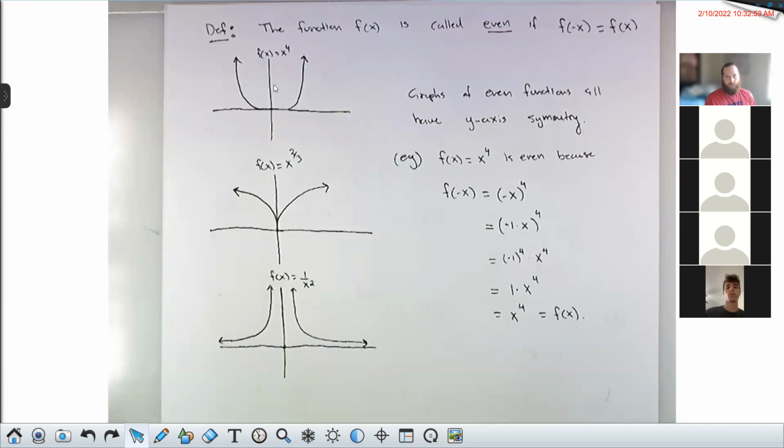I have a question for you. In terms of the definition of each of these functions, like x to the 4, x to the 2/3, 1 over x to the 2, do you notice anything about the definitions of those functions that makes you think of the word even?